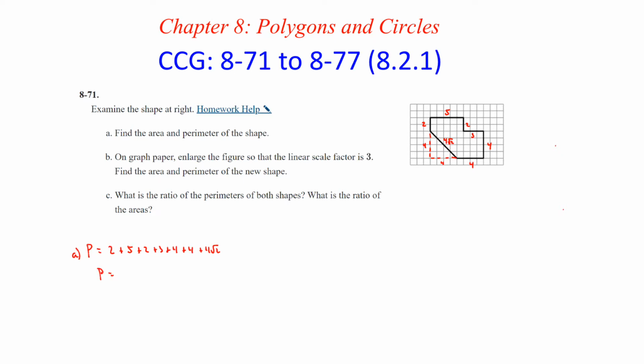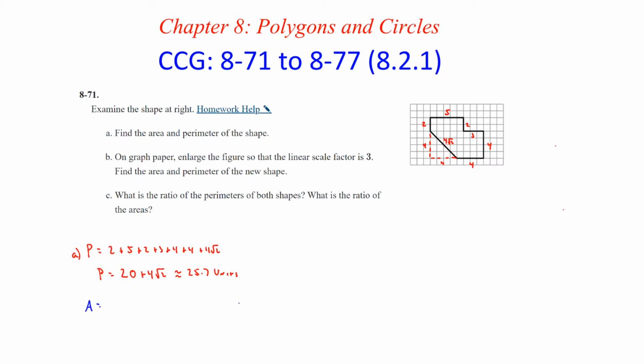And so that will give us 20 plus 4 square roots of 2, and that would be the exact answer. Then let's plug that in the calculator and see what we approximately get. So approximately 25.7 units.